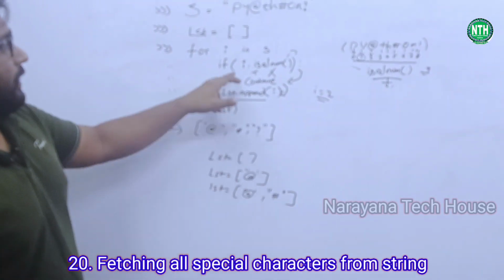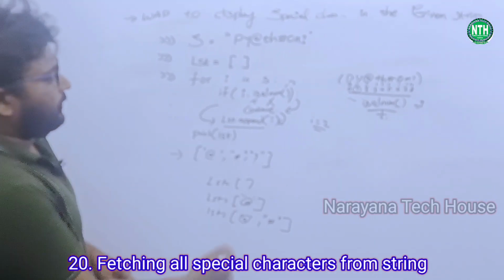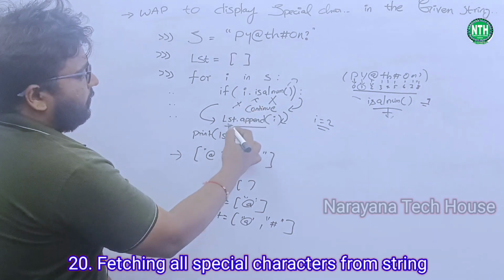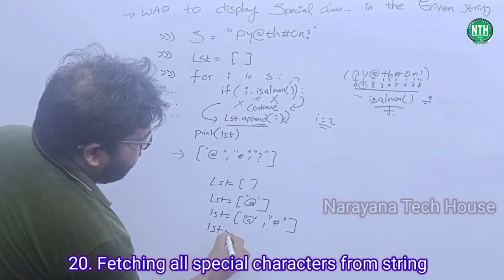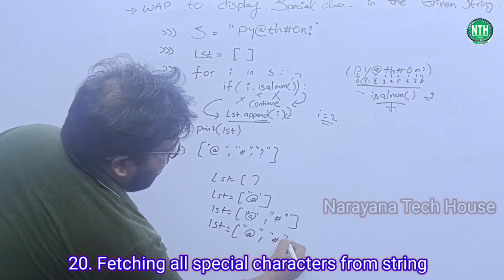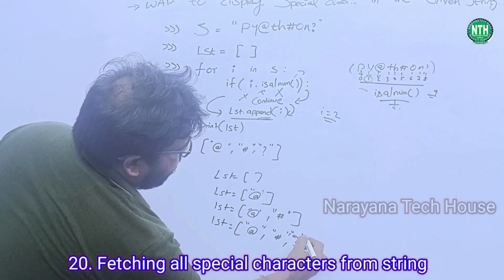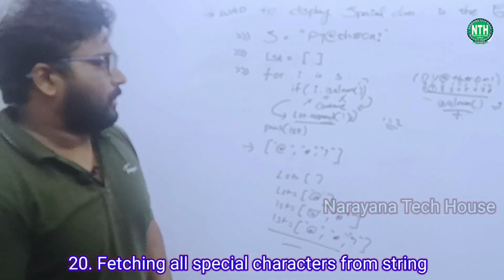It is not alphanumeric, so it is a special symbol, and again this condition is false, so the append statement runs. Finally our list will be @, comma, hash, comma, question mark. This is the final list which will be printed in the output. Okay guys.